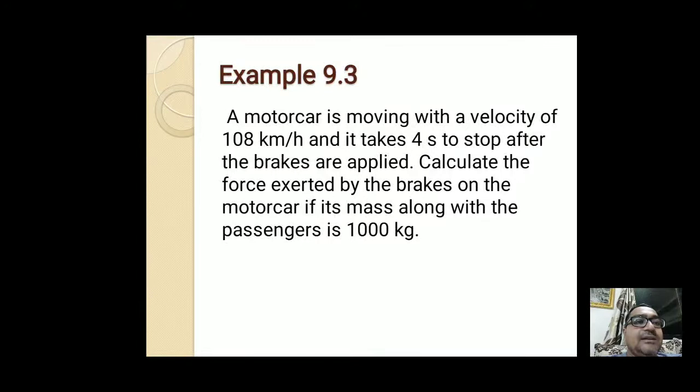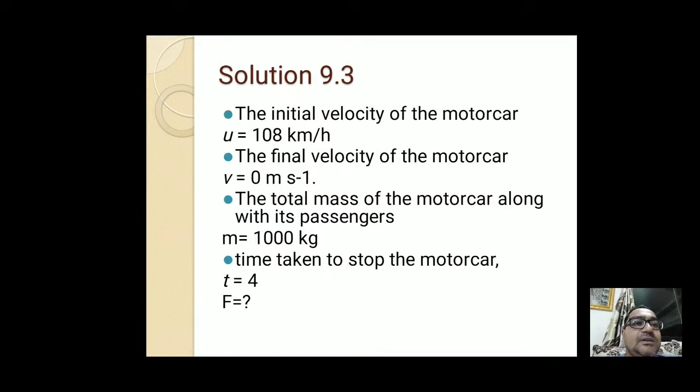You can see in the third line, calculate the force exerted by the brakes. So in this question we have to calculate F, how much force is applied. So we have to write which things are given. The initial velocity of the motor car, denoted with u, is 108 km per hour.